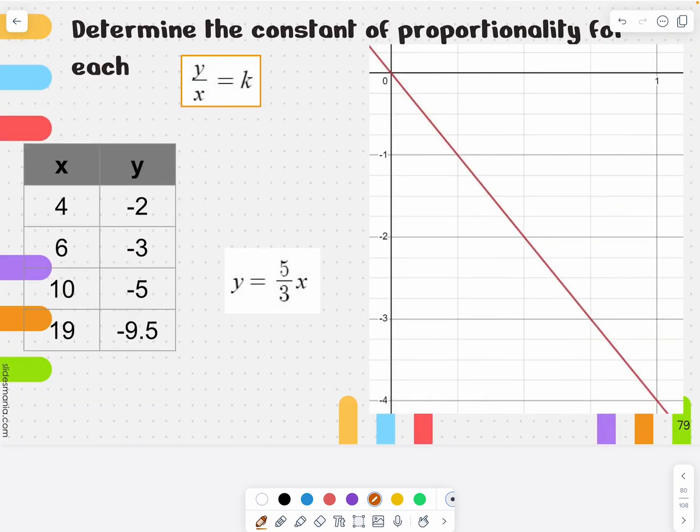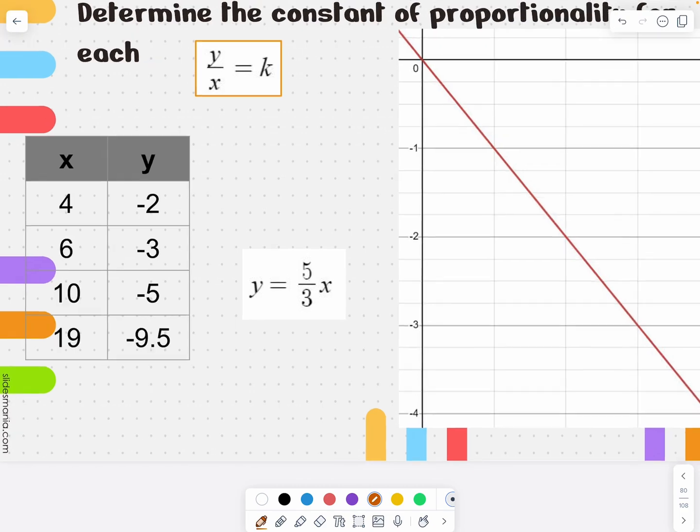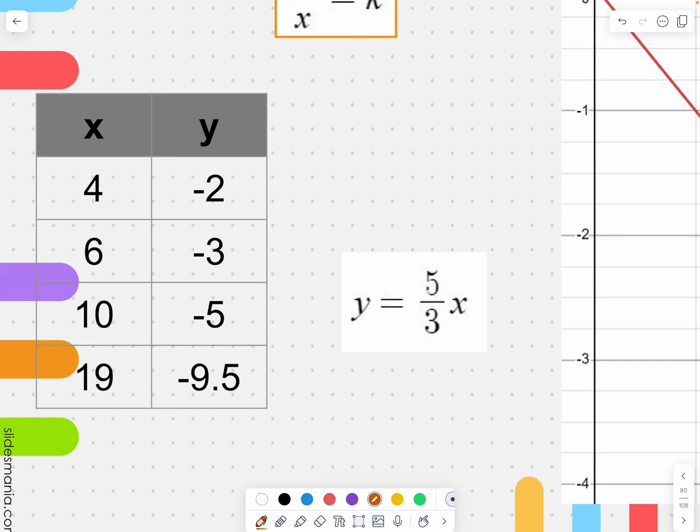Okay, so let's find the constant of proportionality for each of these. So these are 3 different relationships. If you look at the table, you could think 4 times what number is -2? 6 times what number is -3? Or you can take your y values and divide by the x values.